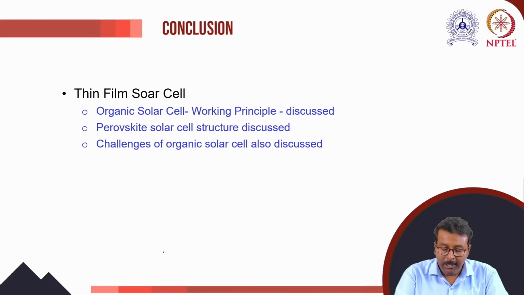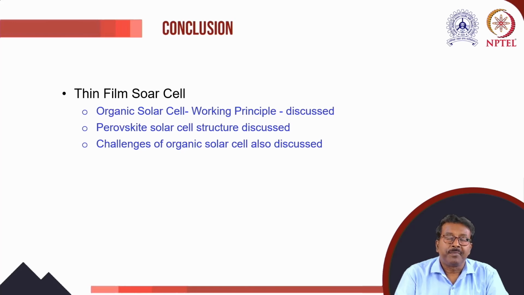Ultimately in this lecture we have discussed the basic principle of organic solar cells. We have seen that exciton plays an important role in organic materials because on incidence of light, weakly bound electron hole pairs are generated, and the binding energy of this exciton is much higher than the binding energy of exciton in semiconductor material.